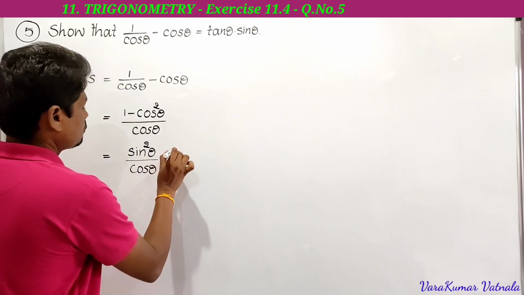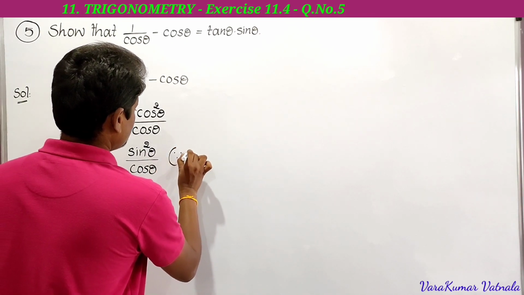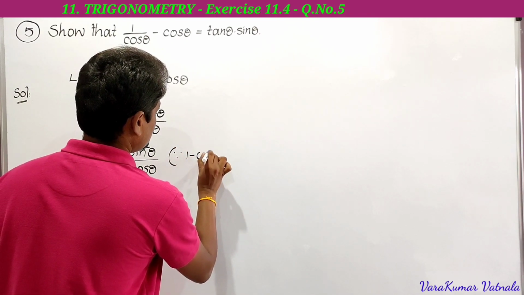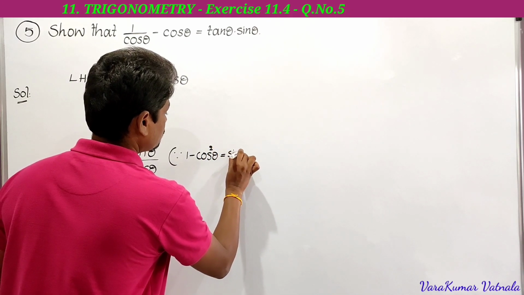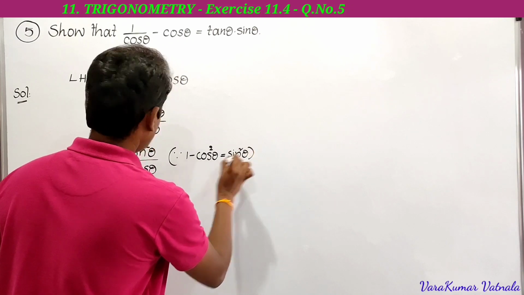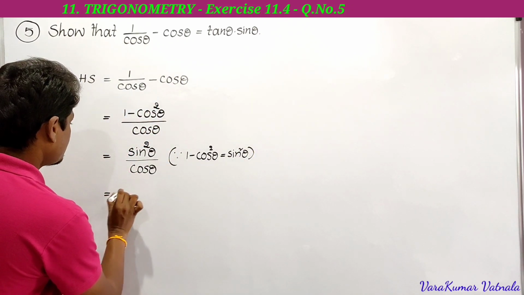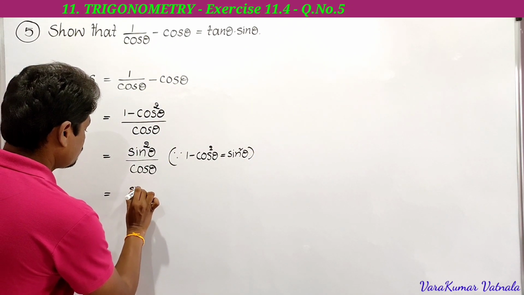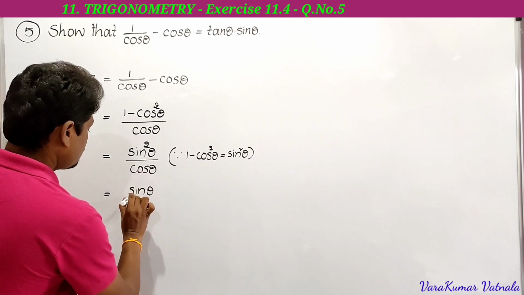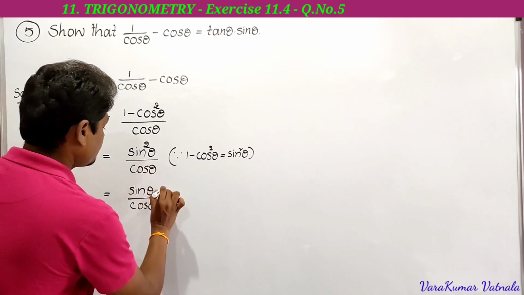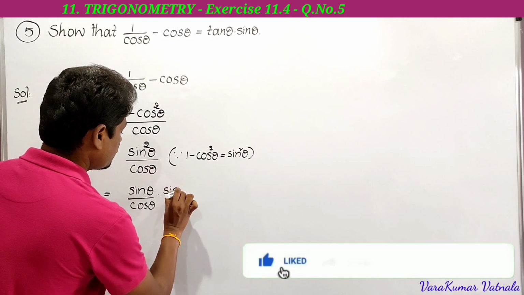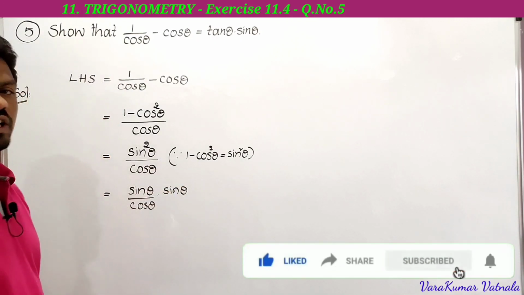So this sin square theta I am writing as sin theta into sin theta. So the first sin theta divided by cos theta, and one more sin theta is there.